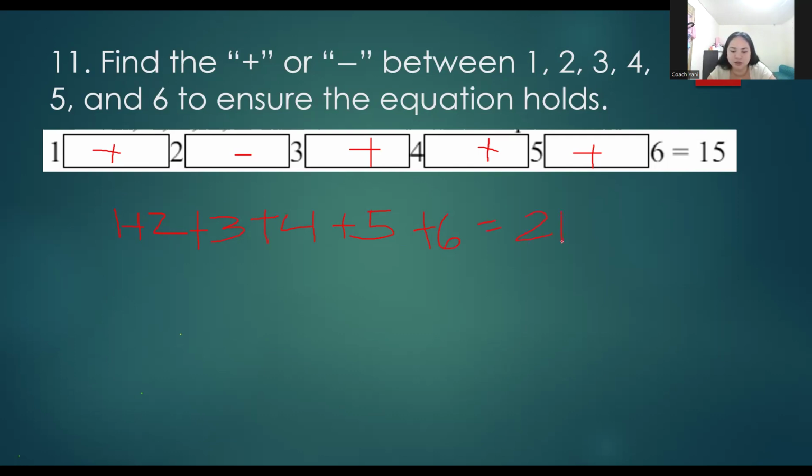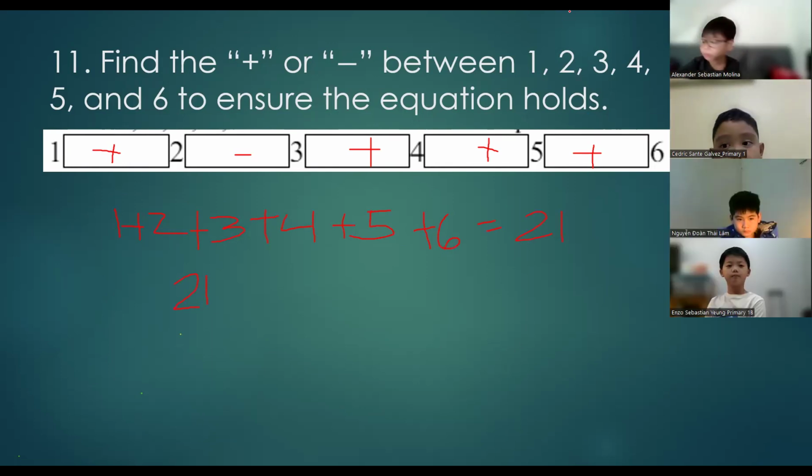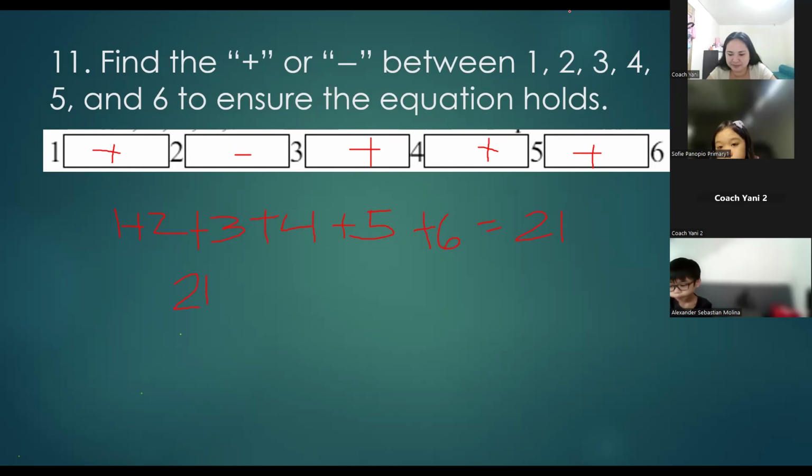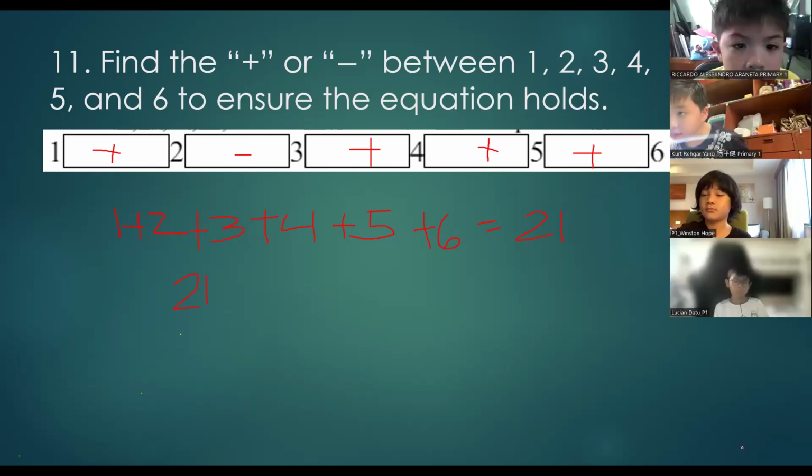Okay. So 21. 1 plus 2 plus 3 plus 4 plus 5 plus 6 equals 21. Okay. And then what's the other answer?